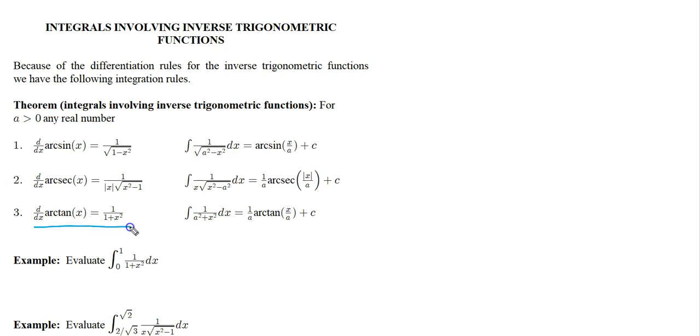So because of this result right here that we discovered previously, we know that the antiderivative of this function is the arctan of x plus c. So now we want to prove this result right here. So proof of the third result.